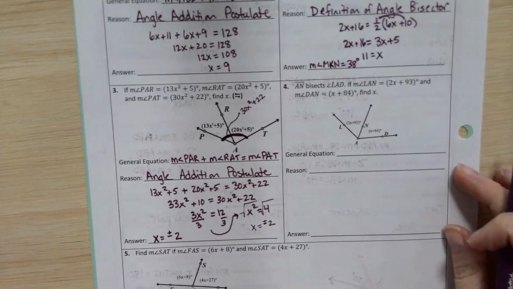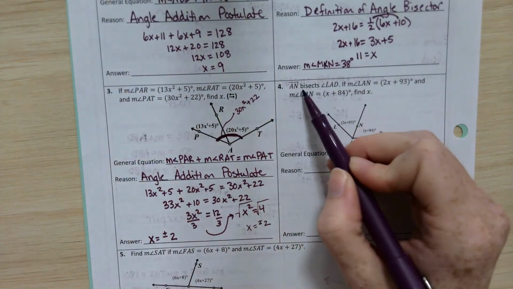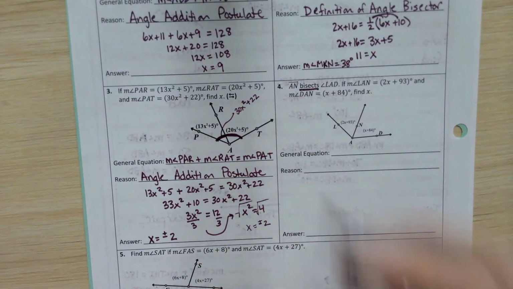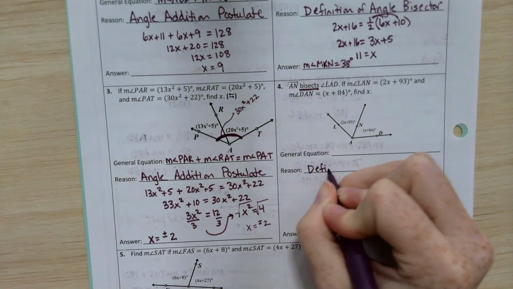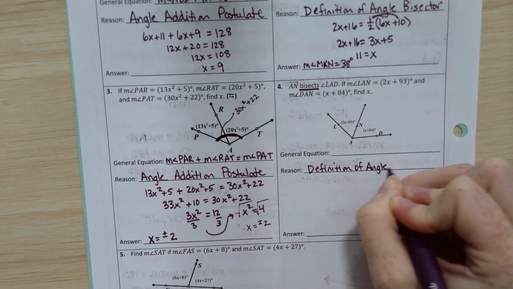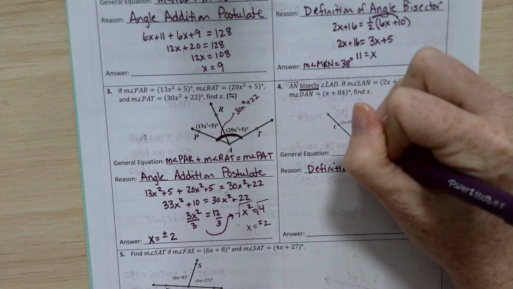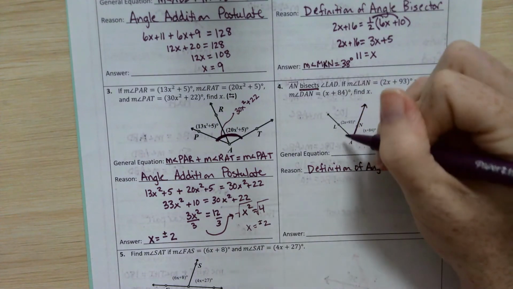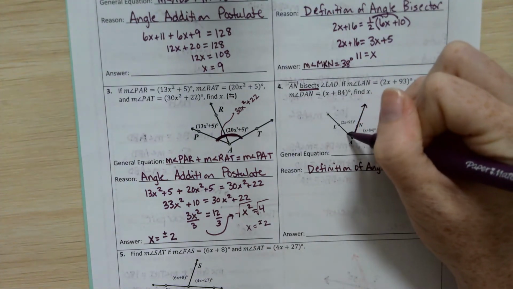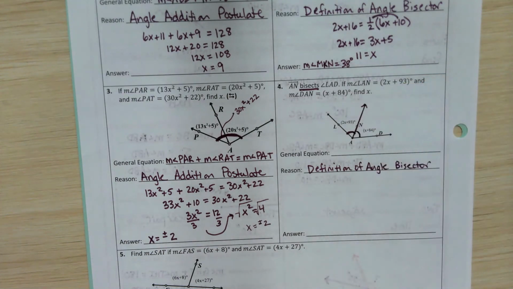So for example 4, I noticed something right away. Ray AN bisects. So that means this is going to be a second definition of angle bisector problem. Ray AN bisects angle LAD. So this side of the angle is going to match that side of the angle.